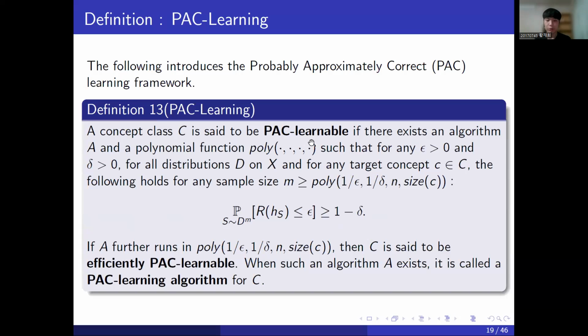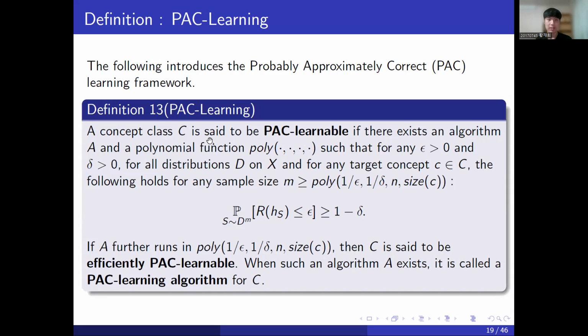So now we finally move on to the definition of PAC learning. It took quite a long time. The following introduces the probably approximately correct learning framework. So let's look at this.